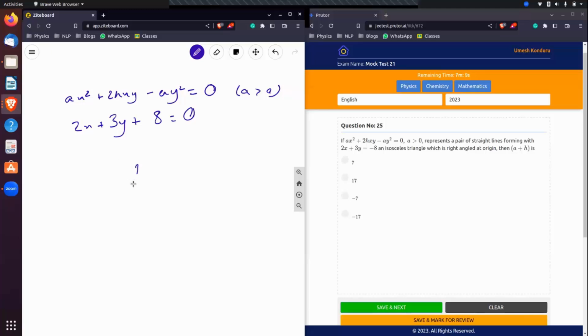Something else, it might help if we just make a diagram of this sort. So you have the line going like this, and a pair of straight lines passing through the origin. So just do this.